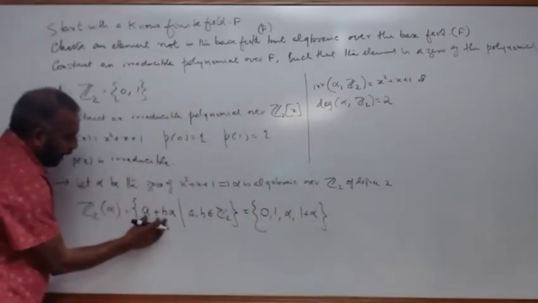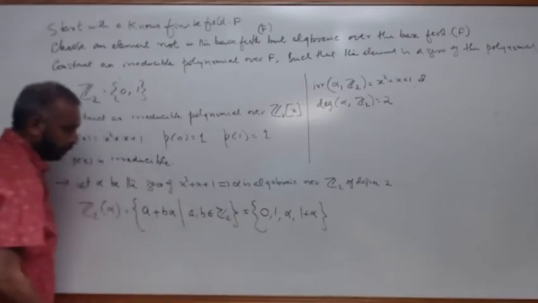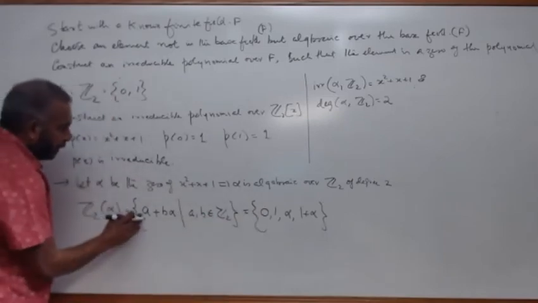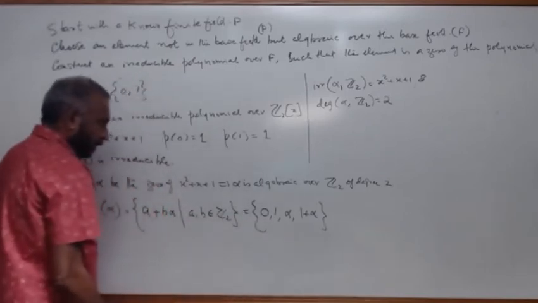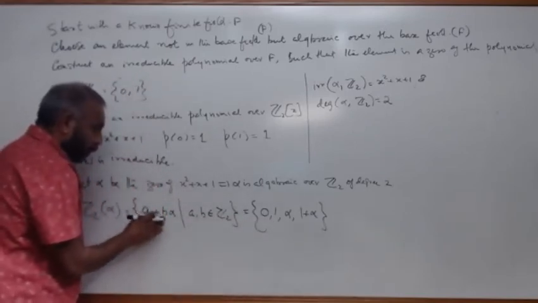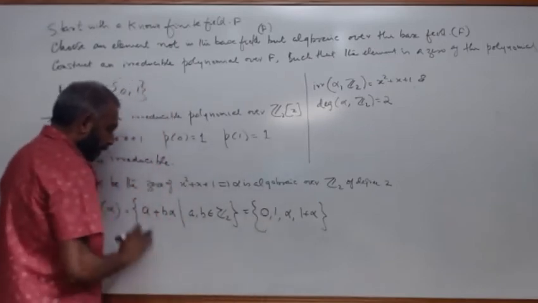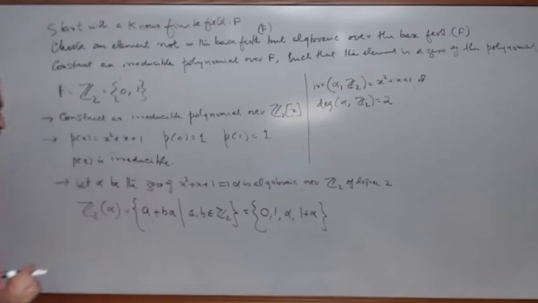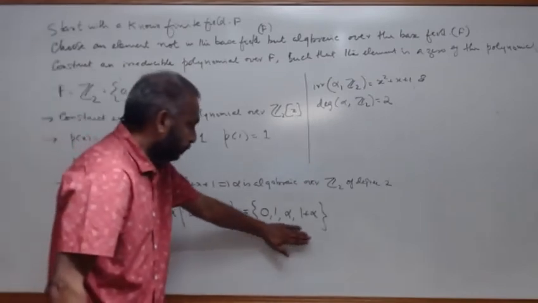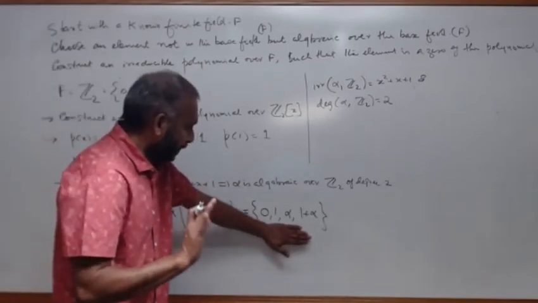When both A and B are 0, you get 0. When A is 1 and B is 0, you get 1. When A is 0 and B is 1, you get alpha. When both of them are 1, you get 1 plus alpha. So this is a field of 4 elements.